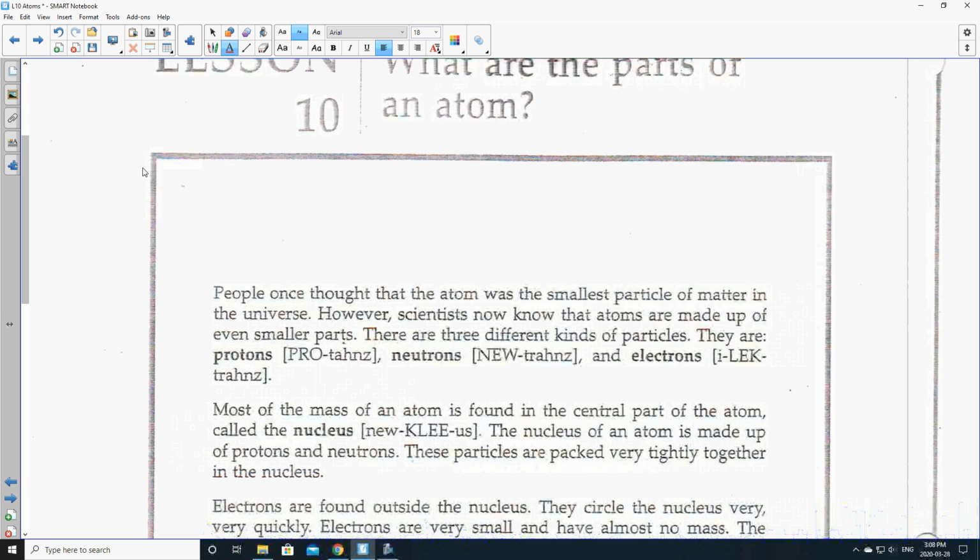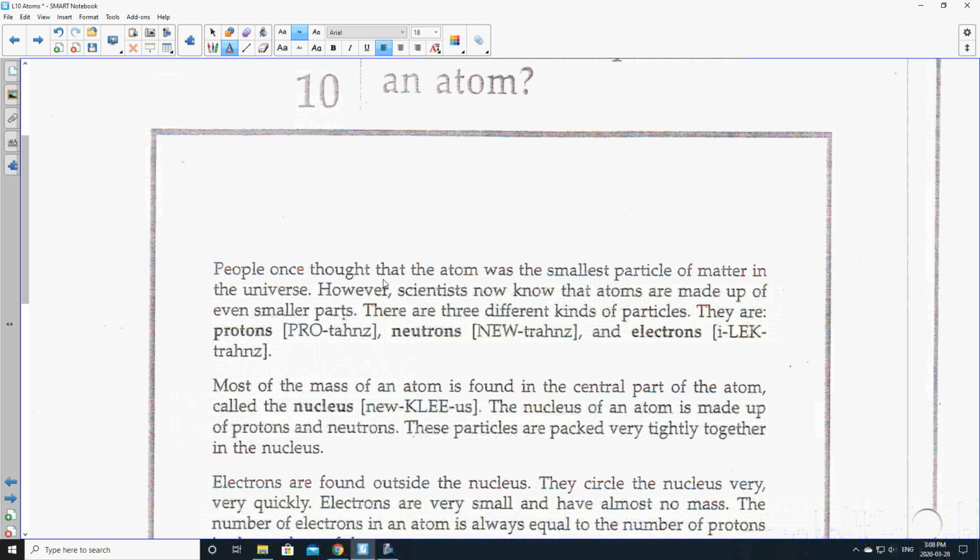Most people once thought that the atom was the smallest particle of matter in the universe. However, scientists now know that atoms are made up of even smaller parts. There are 3 different types of particles: protons, neutrons, and electrons. So what they're saying is that we once thought that the atom was the smallest particle of matter, but we know that there are actually even smaller particles within the atom.